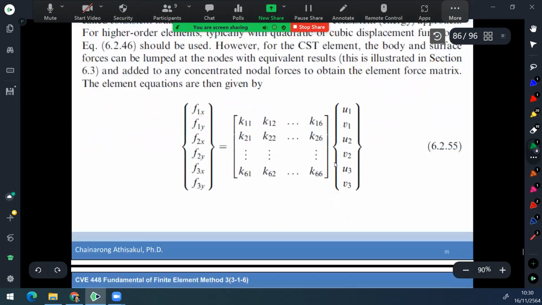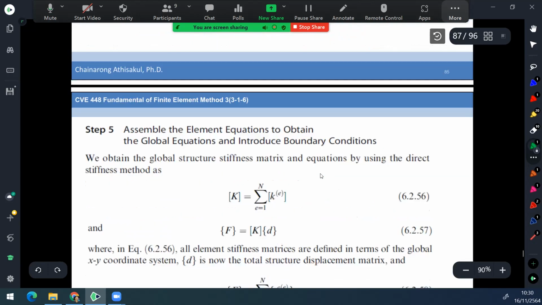So if we have the element stiffness already, it is written in terms of K11, K12, and so on. We have 6 by 6 components, related with the force, and the displacements are unknown: u1, v1, u2, v2, and u3, v3, like this.